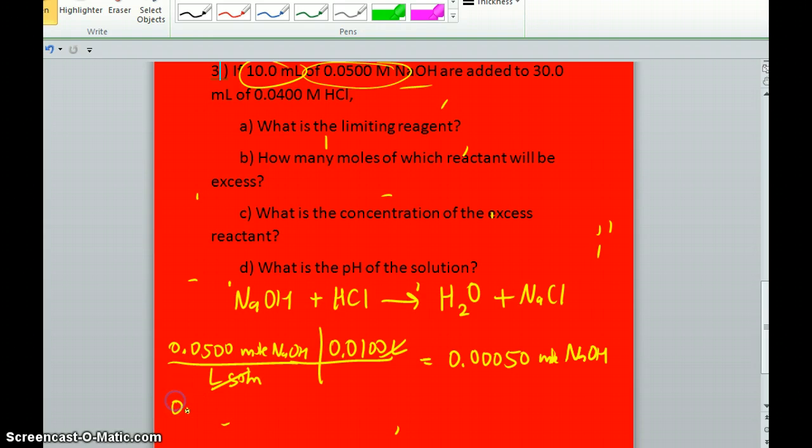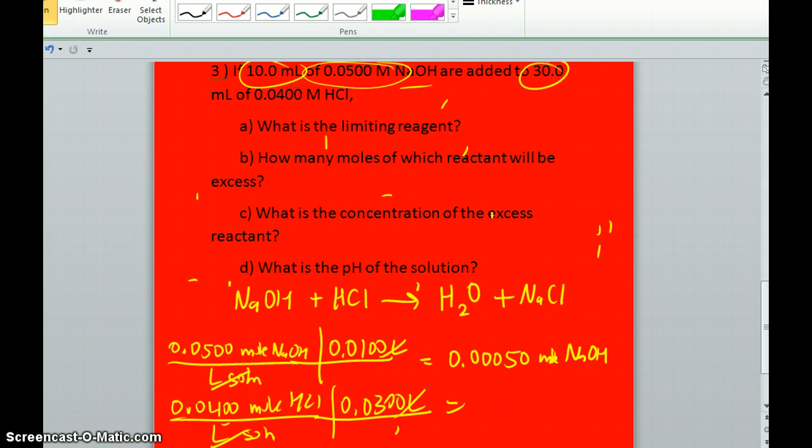And we're given that our hydrochloric acid solution is 0.040 molar HCl per liter of solution. And in the case of the acid, we have 30 milliliters of the solution, meaning we have 0.00120 moles of acid.